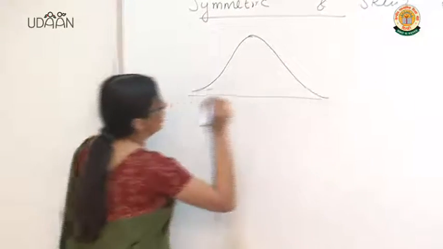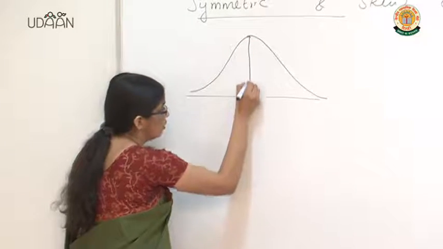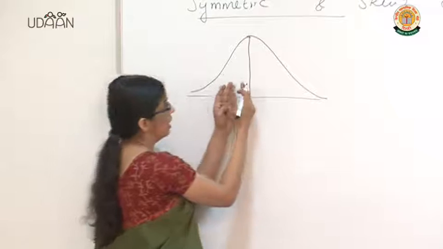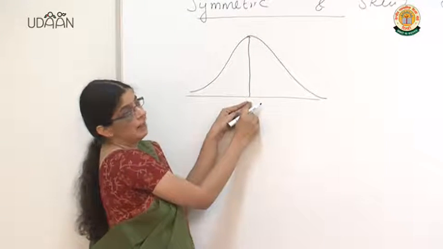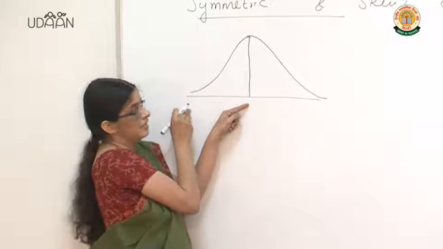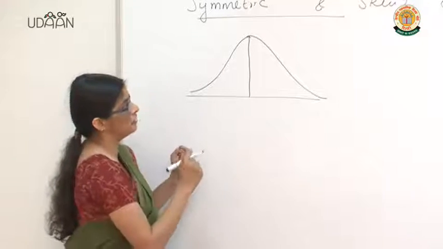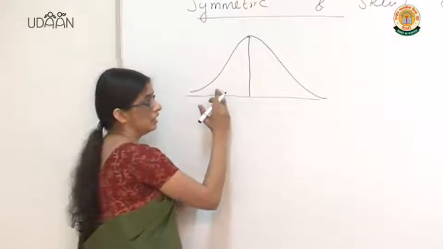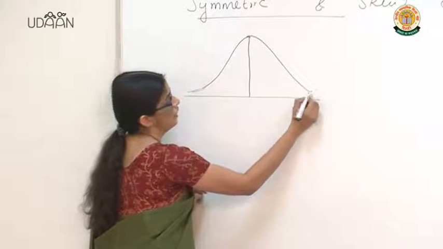It will be a bell-shaped curve, and in this case, look, the frequencies are placed equidistant from the central value. Graph will be a bell-shaped curve, frequency curve of a continuous distribution, and frequencies are placed on either side equidistant from a central value.